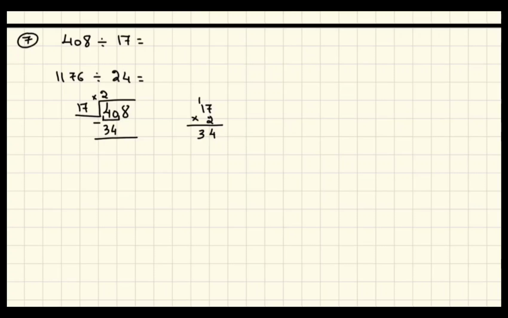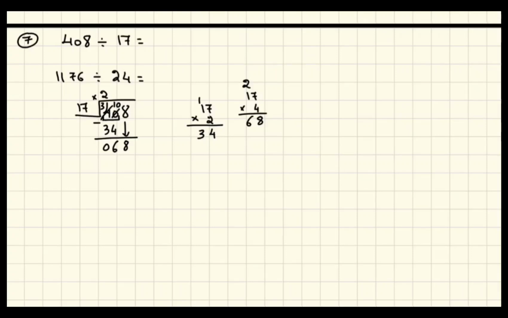40 minus 34, we cannot do 0 minus 4, so the 4 becomes 3 and the 0 becomes 10. 10 minus 4 is 6. 3 minus 3 is 0. Now we have to bring the 8 down. And I try 17 times 4. 4 times 7 is 28, so 8 and 2. 4 times 1 is 4, plus 2, which is 6.